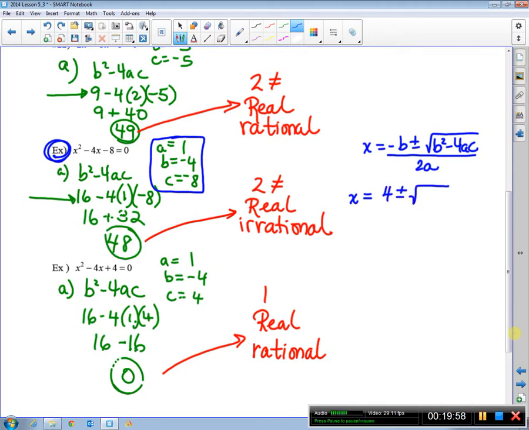And now my discriminant, which I've already figured out, I'm going to put that 48 right under there, all over 2 times A. So this work over here is shortened up a little bit. This one's going to simplify. See if you can get ahead of me.